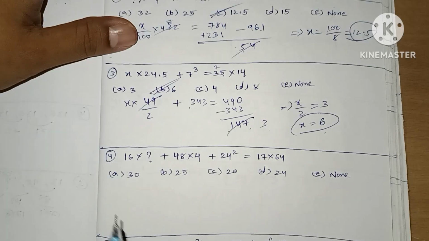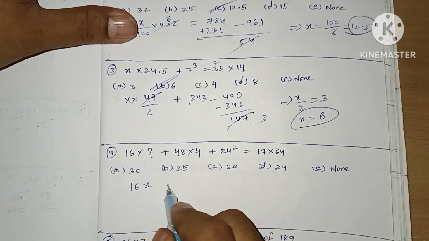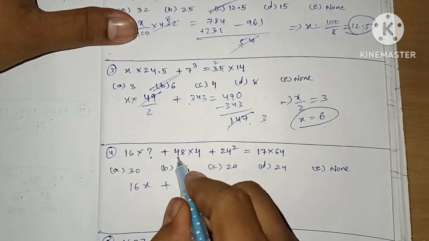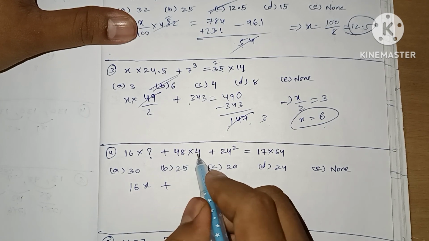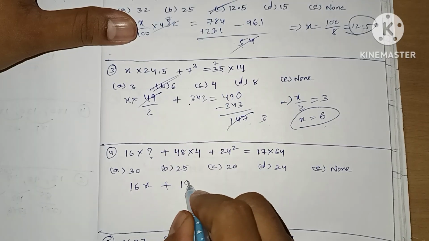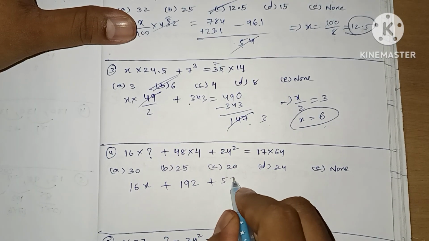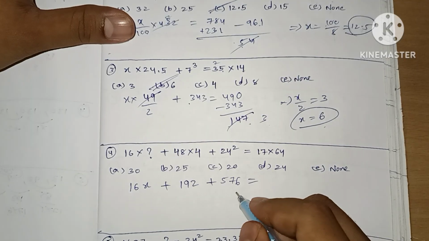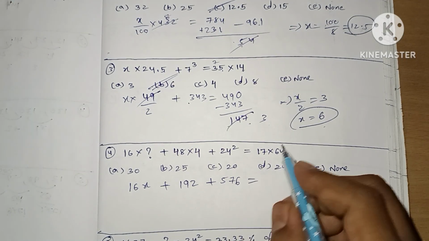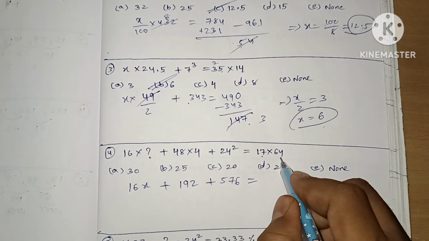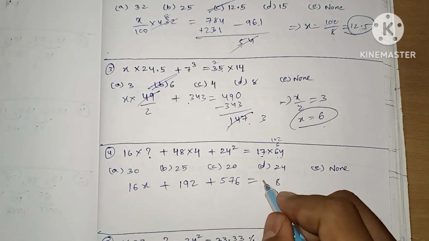Next, here it is 16x plus. First we do 2 times 48, 2 times is 96. 96 2 times will be 192 plus 24 square, 576. This is why we need to know the squares from 1 to 60. 17 4 times will be 68. 17 6 times will be 102, 108.